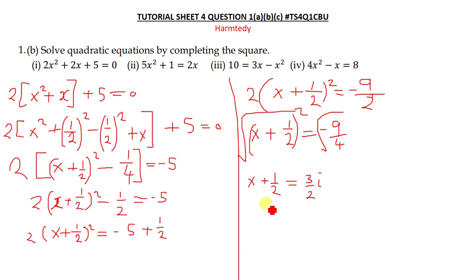Then you take this to the other side of the equal sign, meaning your value of x will now be equal to, sorry, this one is supposed to be plus or minus, so meaning this will be plus or minus that. And then when you simplify this, when you take this half to the other side of the equal sign, you have negative 1 over 2 plus or minus 3 over 2i.